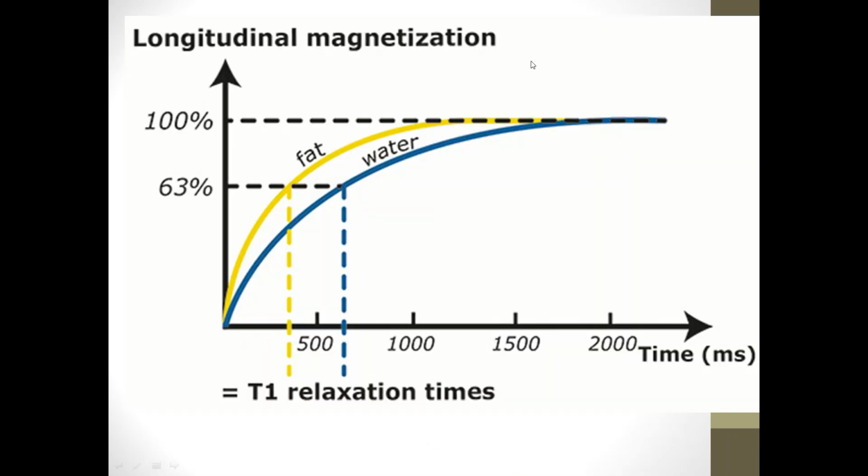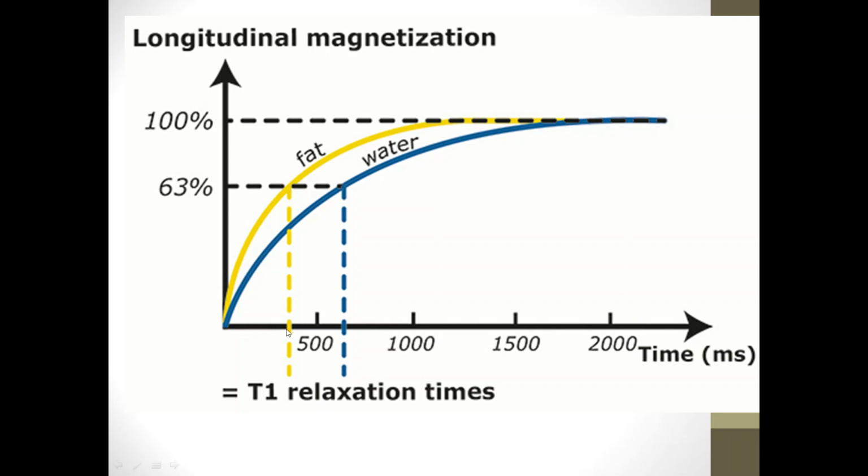If we represent the curve of longitudinal magnetization, as you see, here is the longitudinal magnetization value or percent, here is time. You will find that fat recovers, after we switch off the radio frequency pulse, very fast, as you see, reaching 100%, but water takes longer time to reach 100%.